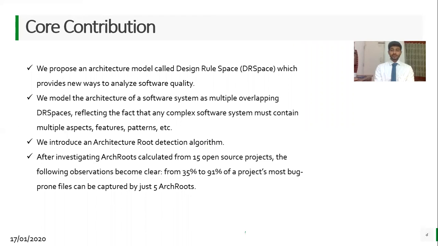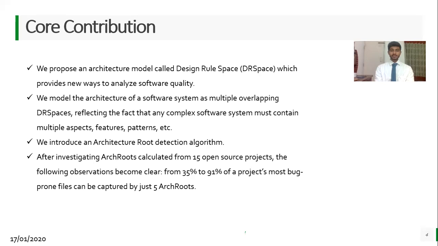These are the core contributions of this research paper. They propose an architectural model called the DRS, design rule space model, which provides a new way to analyze software quality.